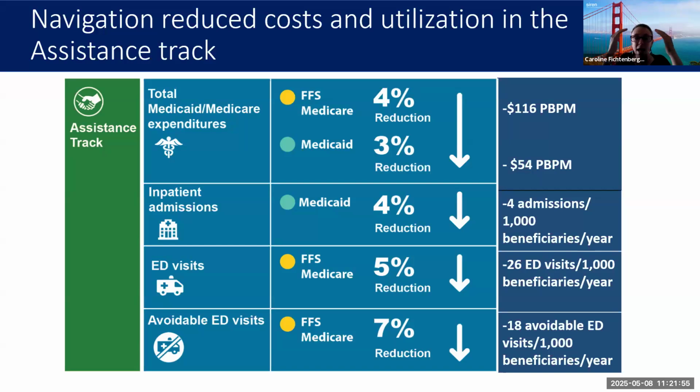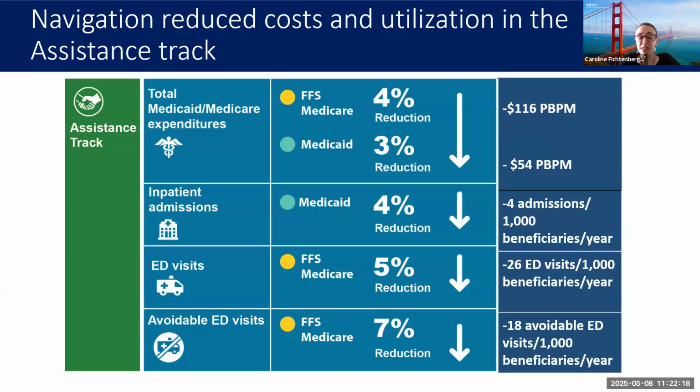In utilization impacts, these are the 3 that were statistically significant. The Medicaid population in the assistance track saw a 4% reduction in inpatient admissions. That's 4 admissions per 1,000 beneficiaries per year.